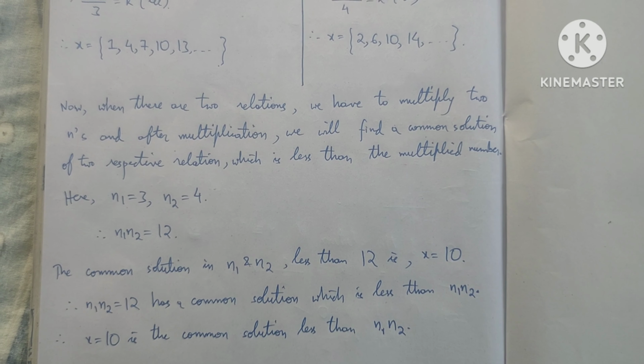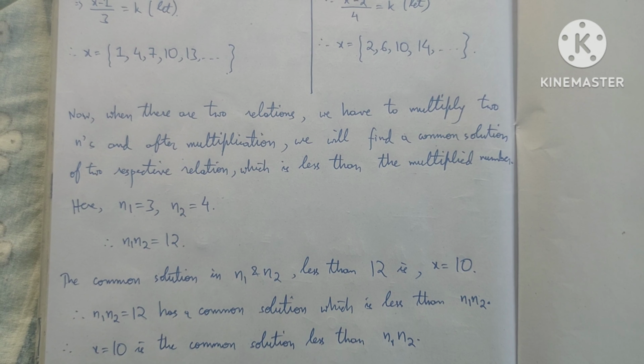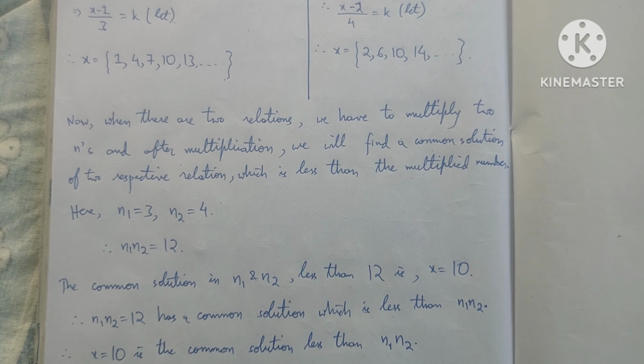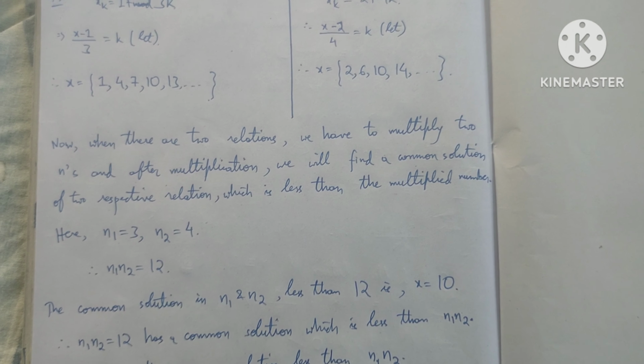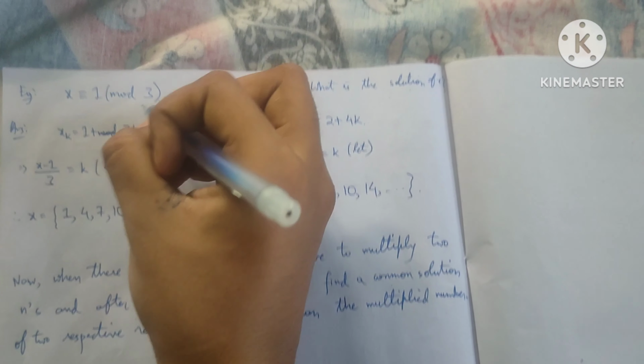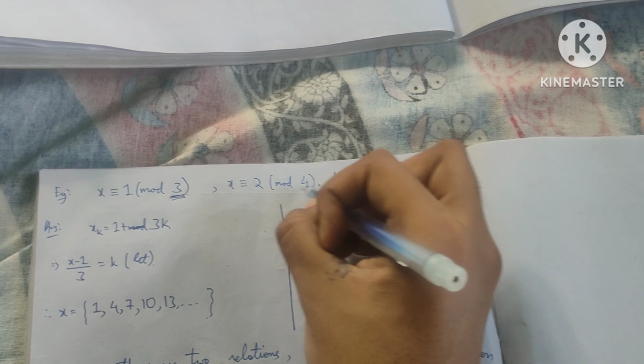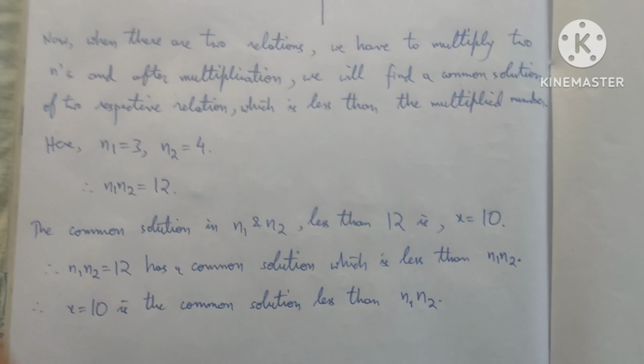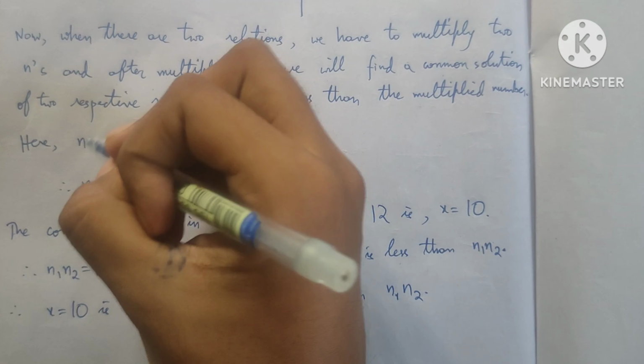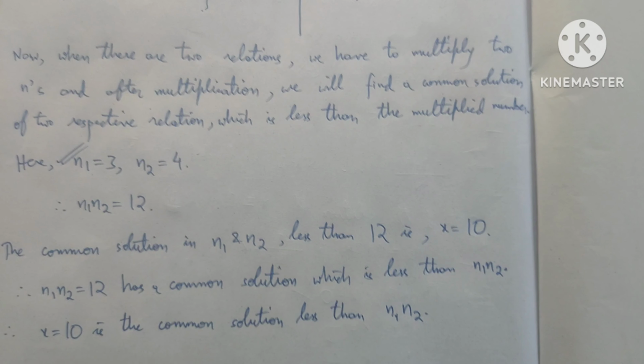Now it is a very important concept. When there are two relations, we have to multiply two n's. Which are the two n's? This is n1 and this is n2, which I have written here.